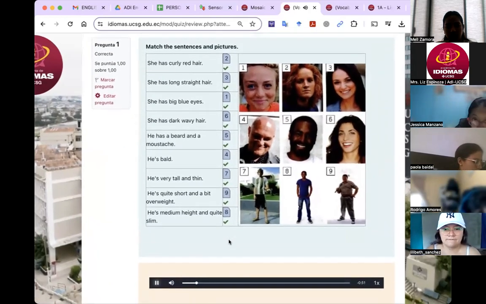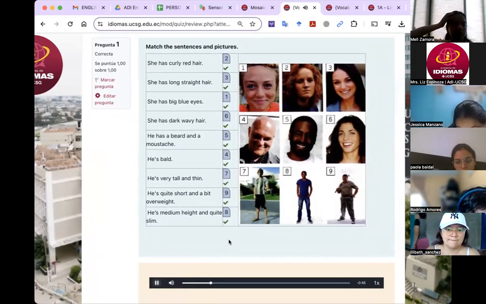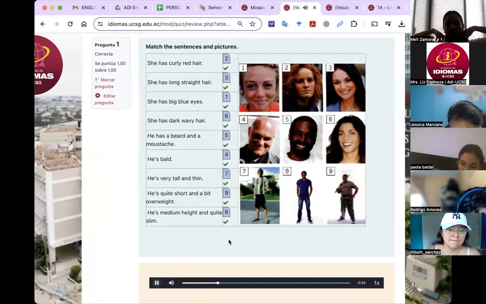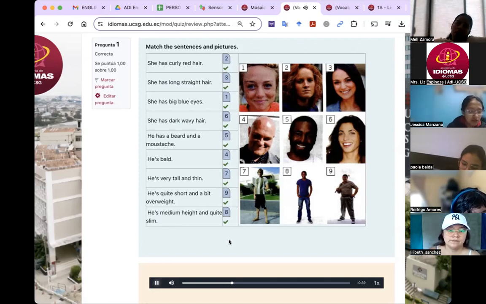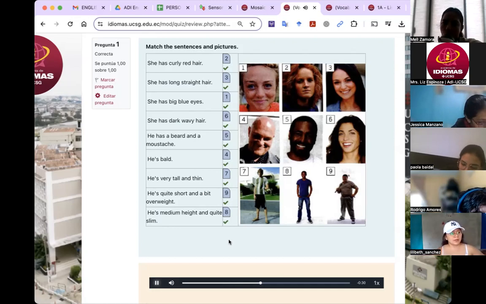Appearance. 2. She has curly red hair. 3. She has long, straight hair. 1. She has big blue eyes. 6. She has dark, wavy hair. 5. He has a beard and a moustache. 4. He's bald. 7.